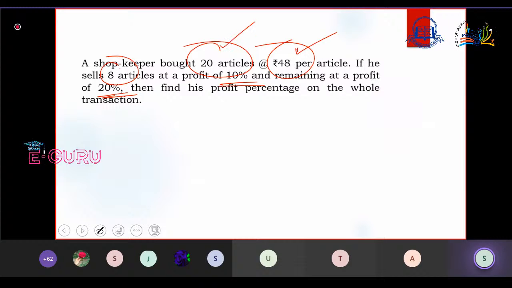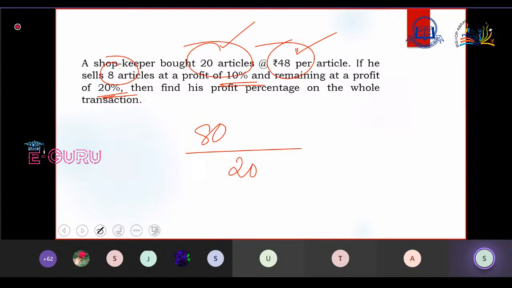So here altogether 20 articles means 20 transactions are there, and 8 articles he is selling at a profit percentage of 10%. So 10% plus 10% plus 10% plus, adding 8 times you will get 80. Right? Remaining at a profit of 20%. That means remaining 12 items you are selling at a profit of 20%.